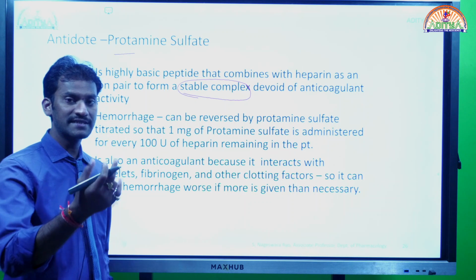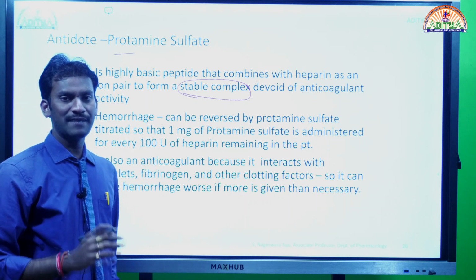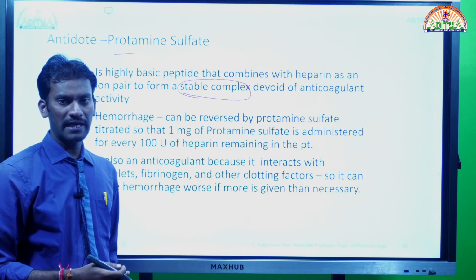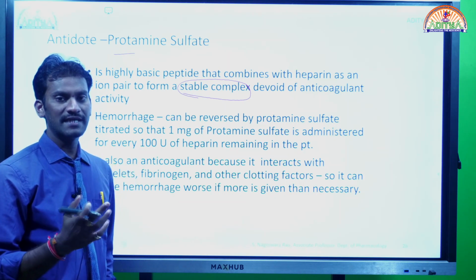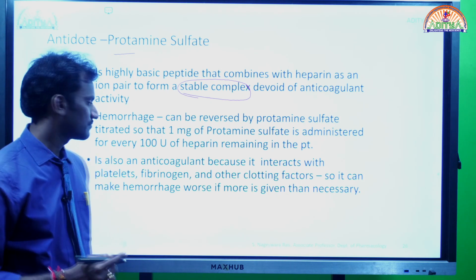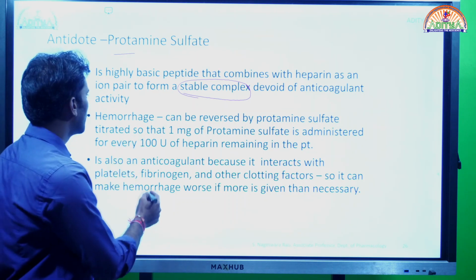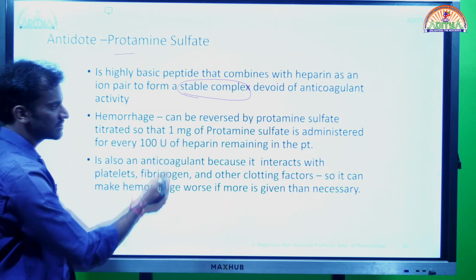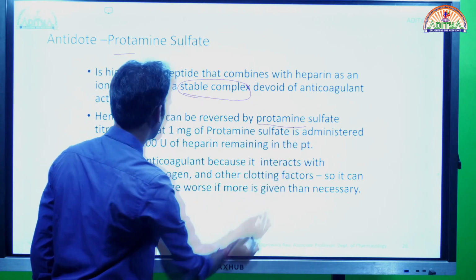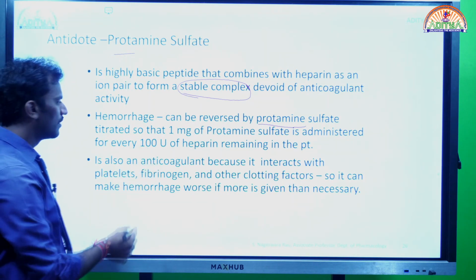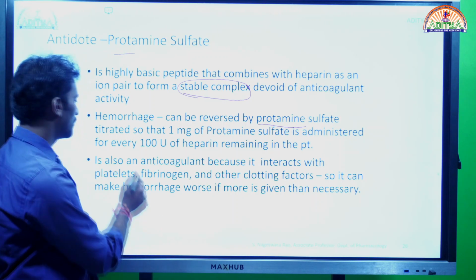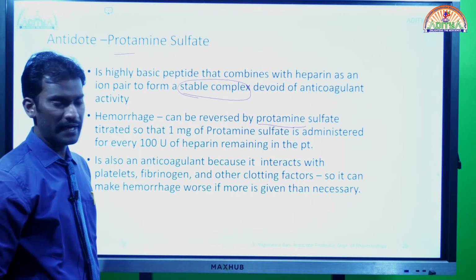Heparin is acidic in nature and protamine sulfate is basic in nature, so protamine sulfate forms a complex with heparin. That formed complex is devoid of any anticoagulant properties. So in hemorrhage conditions, it can be reversed by the administration of protamine sulfate. Usually, it is titrated so that 1 mg of protamine sulfate is administered for every 100 units of heparin.